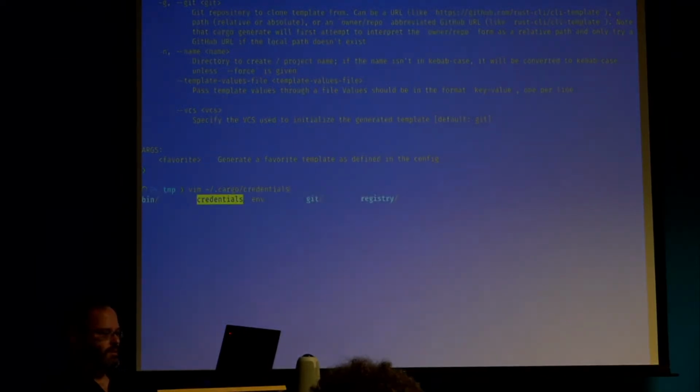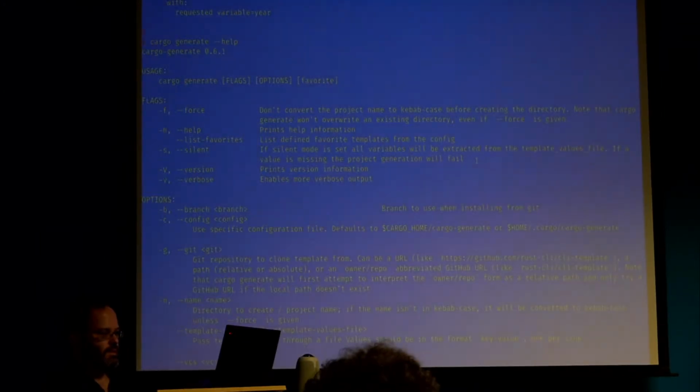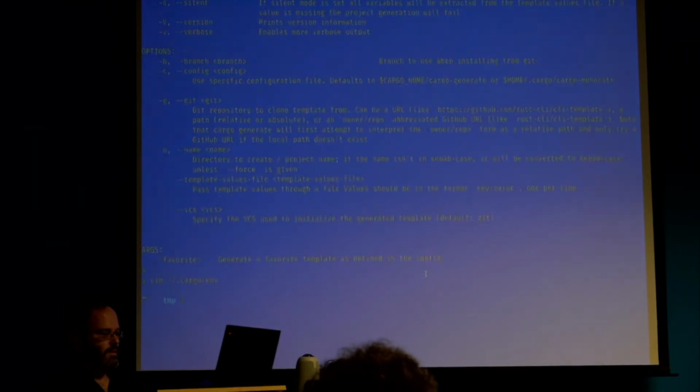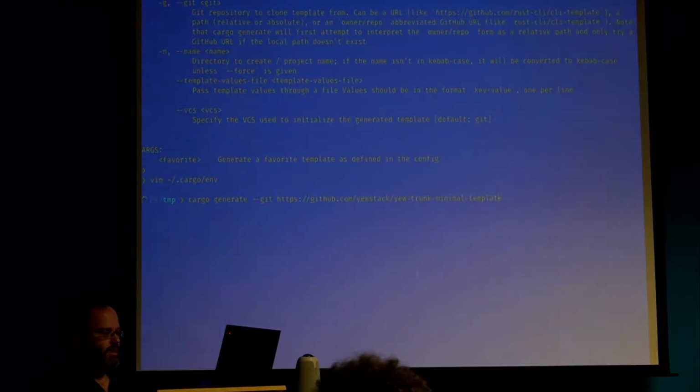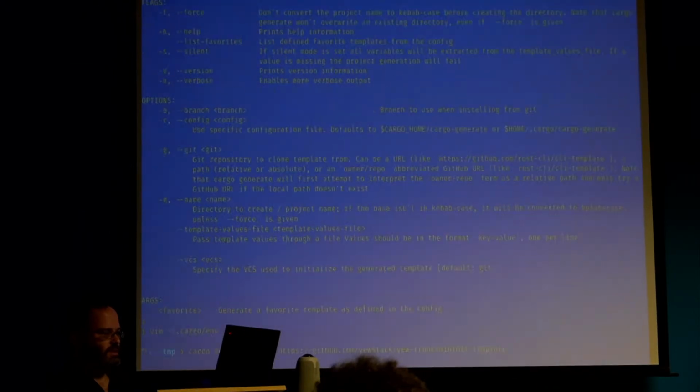Cargo. That's interesting. Cargo generate git. Okay, then let's just do this. Let's just create a template values file.